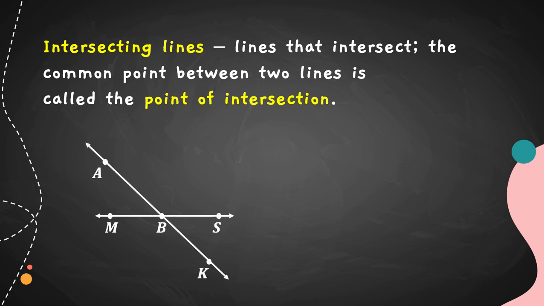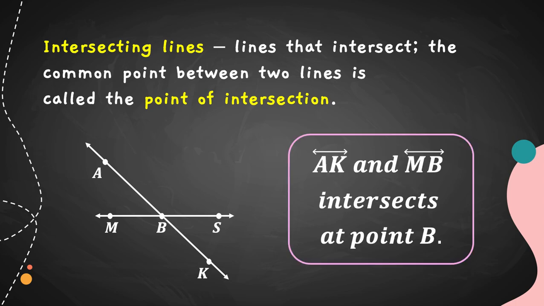An example is this one. We have two lines that are intersecting, lines AK and MB, and they meet at point B. So therefore, point B is the point of intersection. Every two lines that intersect share a common point, which is what we call the point of intersection.